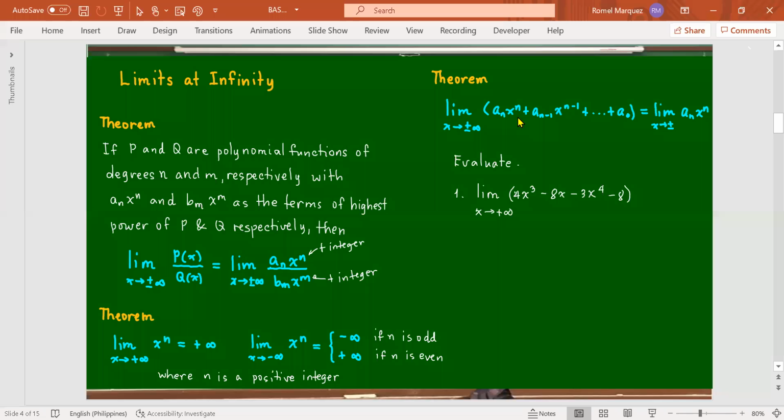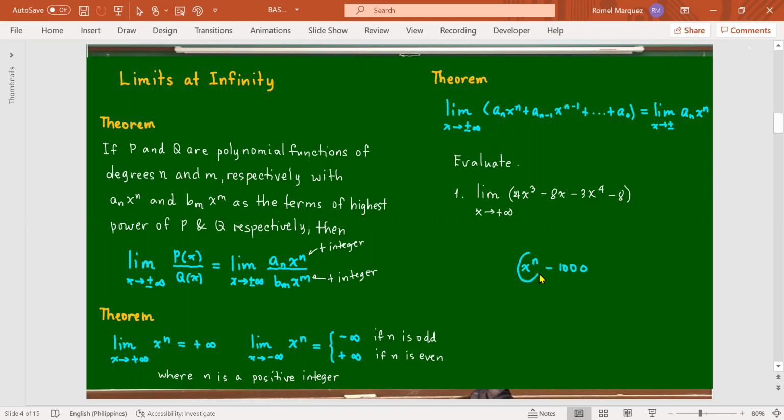Is that clear, guys? If x is very, very large, plus or minus, for example, almost as large as our debt, let's say our debt is x to the n. If you paid only 10 pesos or only 1,000, well, nothing. When x is very large, the 1,000 is negligible.